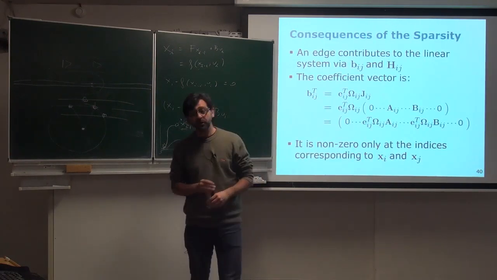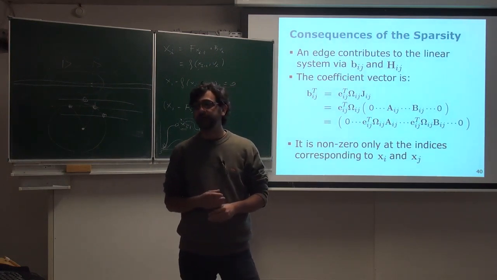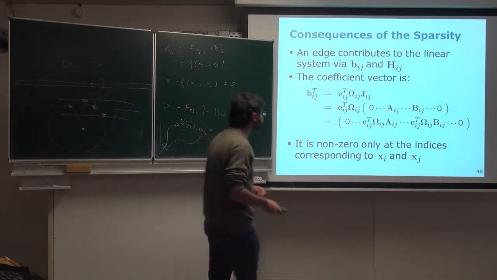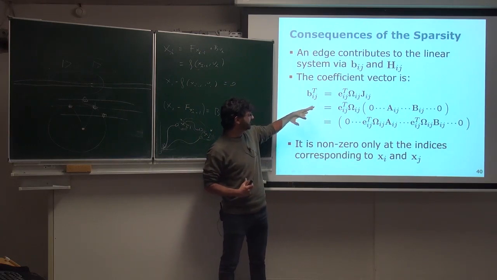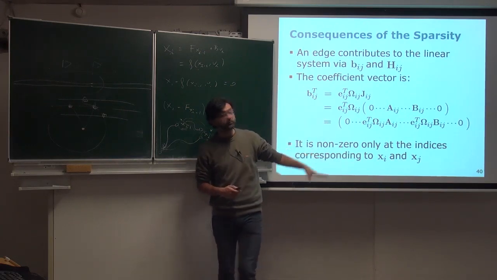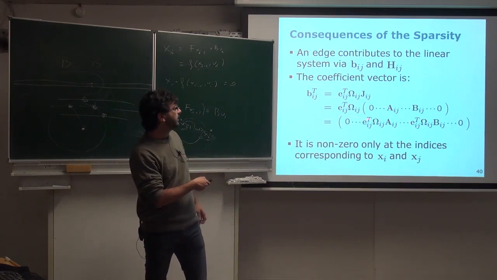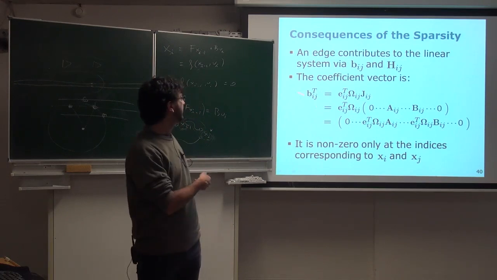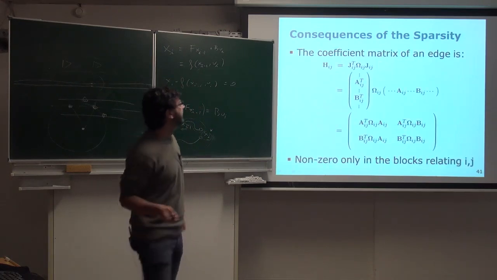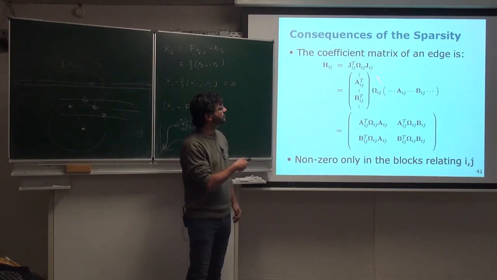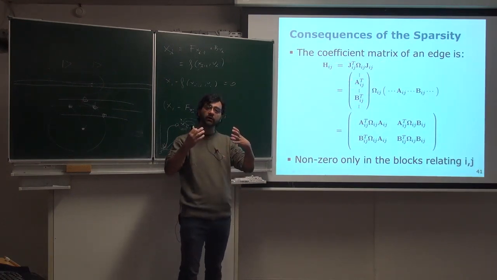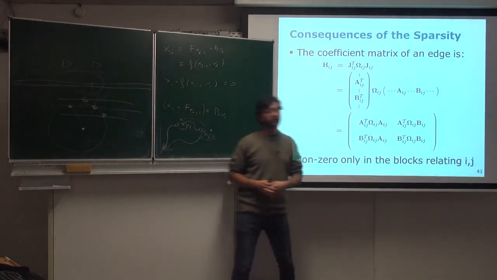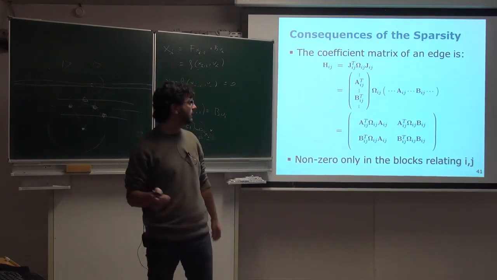So, what is the consequence of this sparsity? When we get to the solution of this problem and sum everything up, we only have a few parts which are non-zero for each individual coefficient, and similarly for the matrix. We have these parts which are the ones that we compute for each individual edge.